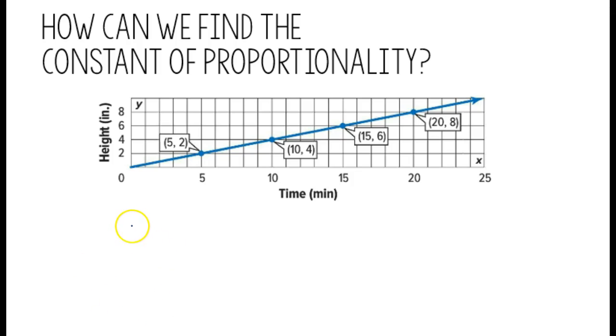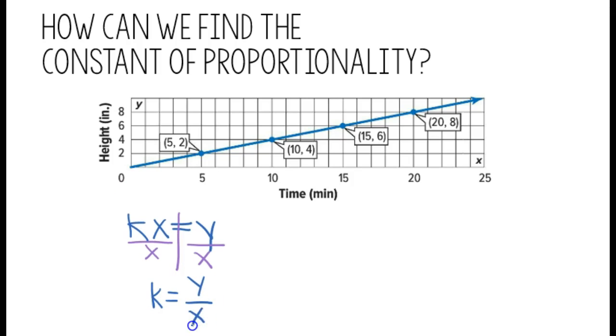So if you think about that, our k, a constant of proportionality, is how much we multiply x by to give us y. Just like solving an equation, to find k, we're going to divide both sides of this equation by x. That's going to give us k is equal to y divided by x.